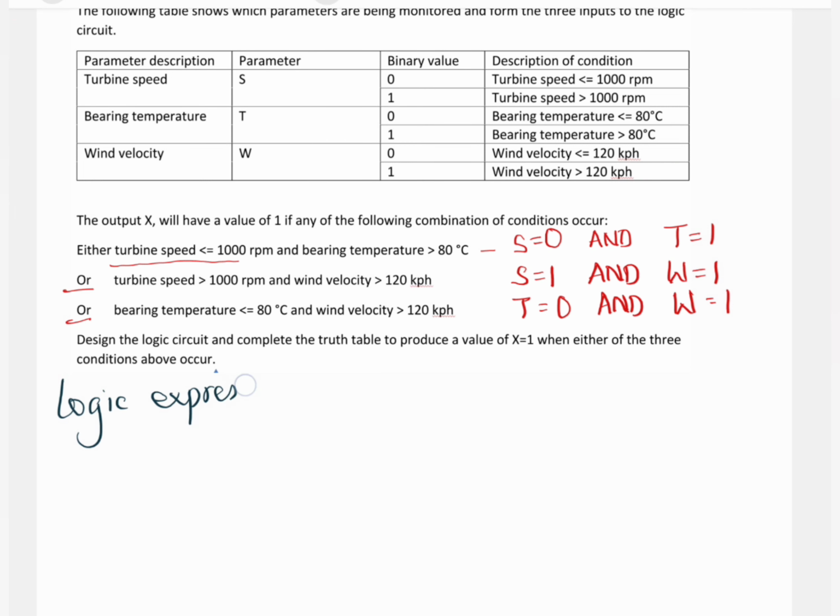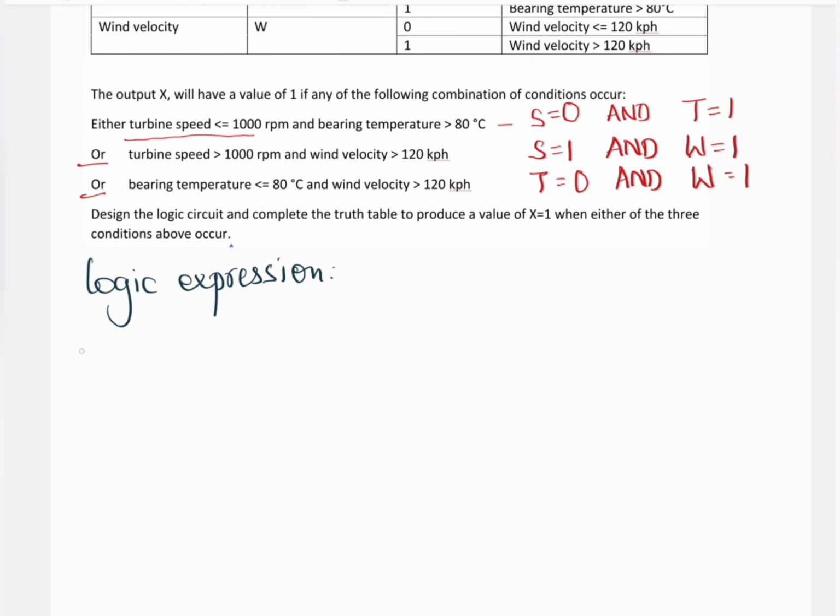So let's get started and put these statements together. X is equal to 1 if, so we need to start with S is equal to 0. That means it's represented by not of S and is as it is, and then you write T. These individual expressions are combined using the OR.